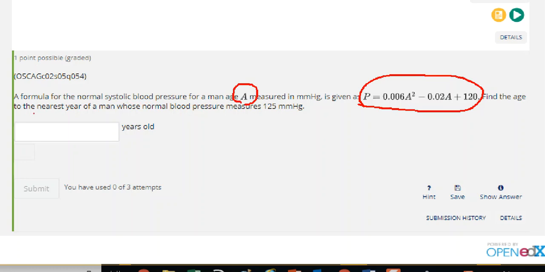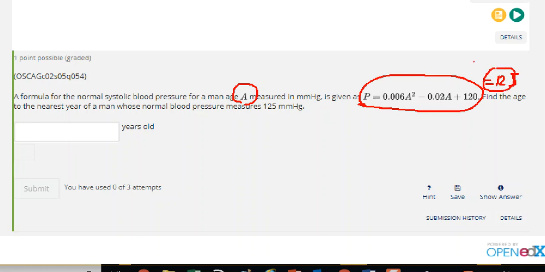Now let's find a range age to the nearest year of a man whose normal blood pressure measures 125. In other words, the blood pressure P is equal to 125. That's what we want to solve.